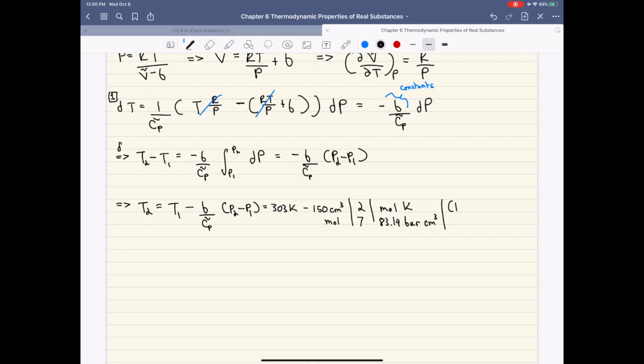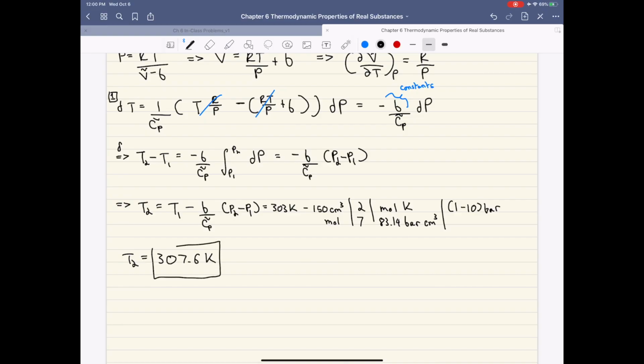P2 is 1 bar, P1 is 10 bar. And so what we get is that as this hypothetical gas passes through the valve, its temperature goes from 303 K up to 307 K.